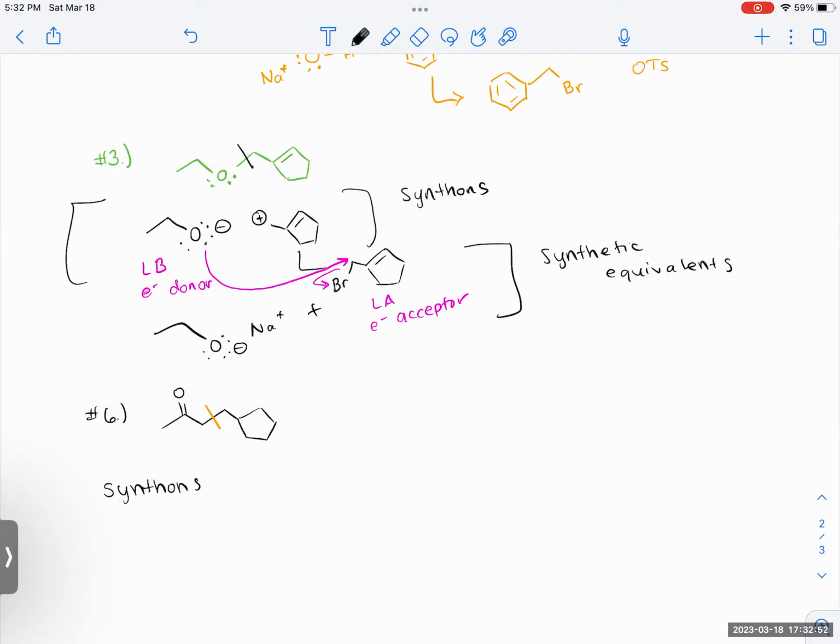For this one, we're looking at a carbon and a carbon, right? So which direction do you think, let's call this A and this B. Which direction are the electrons going to go to? Are they going to go to A or B? It has to. Yeah. Go ahead. Yeah. Sorry.